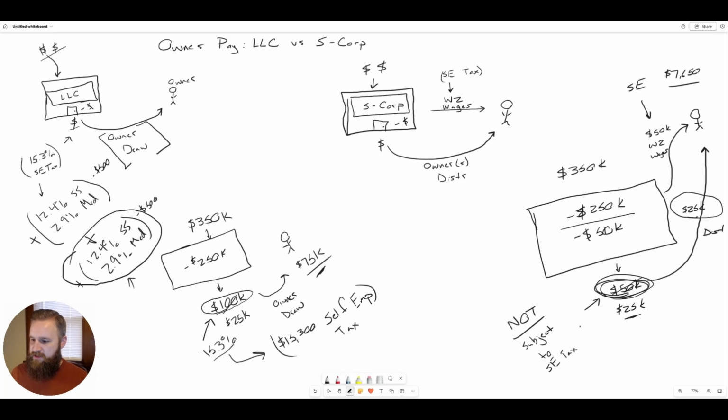And this is not subject to this. You're still going to pay taxes on this, but you're not going to pay that self-employment tax. So the difference between the two is that this one saved $7,650 because you didn't have to pay self-employment tax on the total.